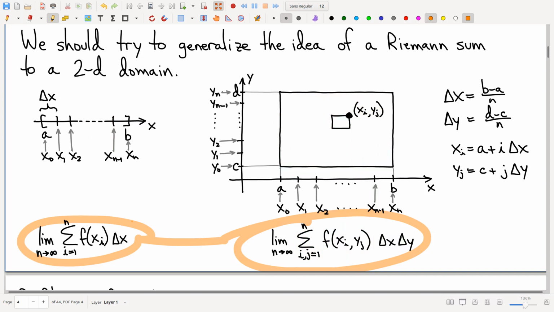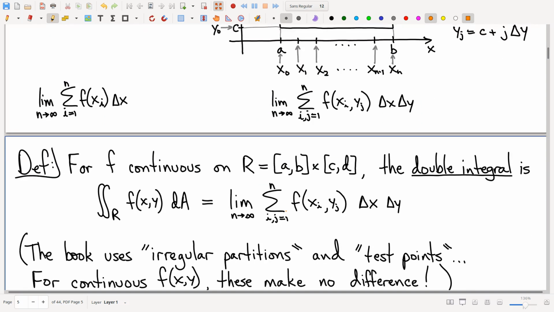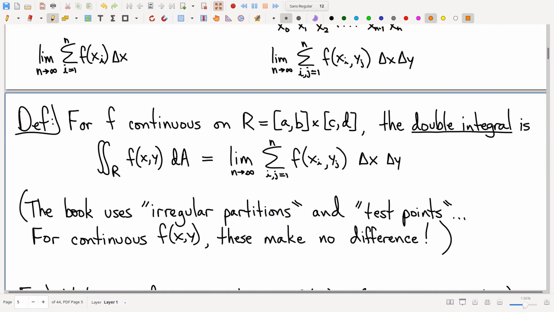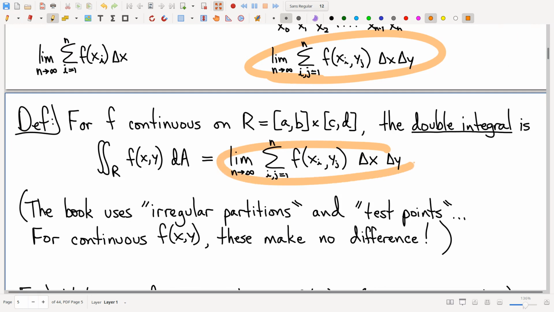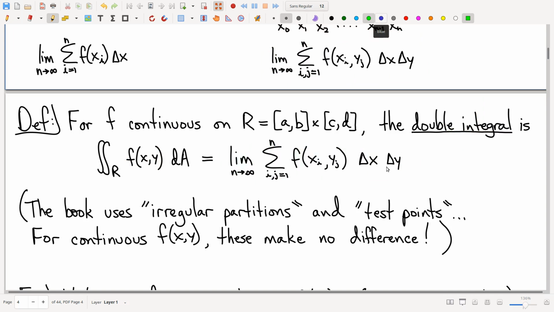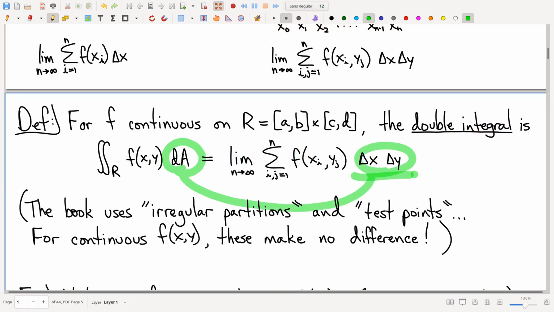Okay. All right, so this is what we're going to call a double integral. This expression right here, call it a double integral. We're going to use this notation right there. The idea of the notation, by the way, is that this is recognition that what delta x, delta y is doing is really just helping us understand the area of one of the little pieces.